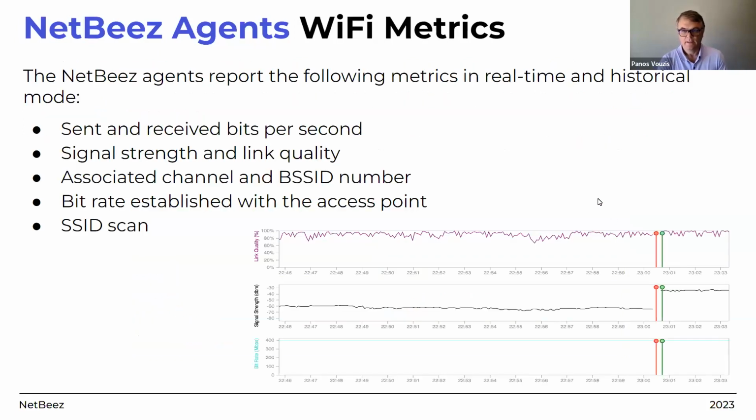Now, on the Wi-Fi metrics side of information we collect, more on the RF side, I would say, we collect information like signal strength, link quality, what SSID the agent and user is associated to, what bitrate is established. And for this user, you can also do a scan around your network or its sensor, to understand what the RF environment around them is.